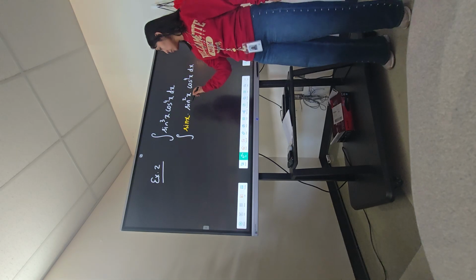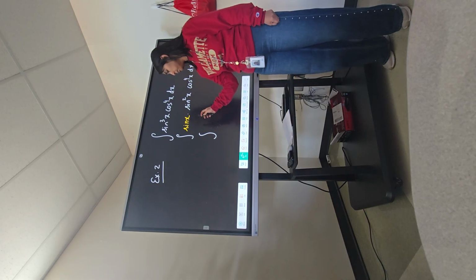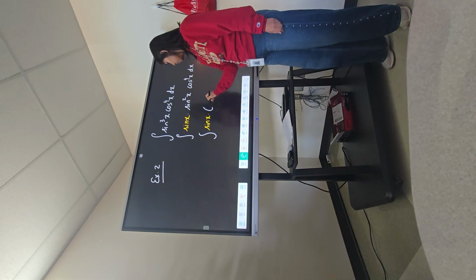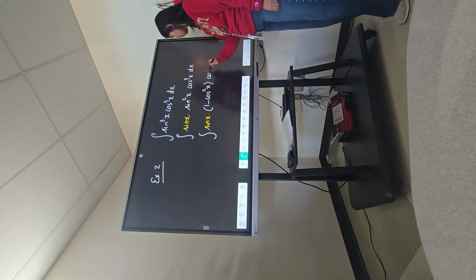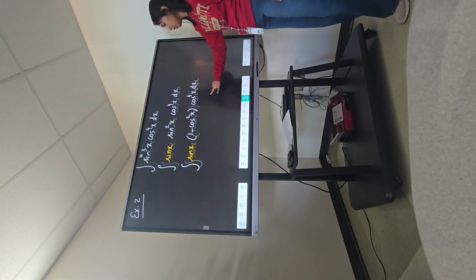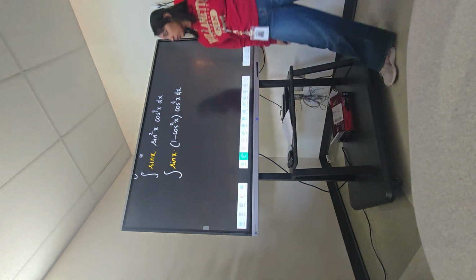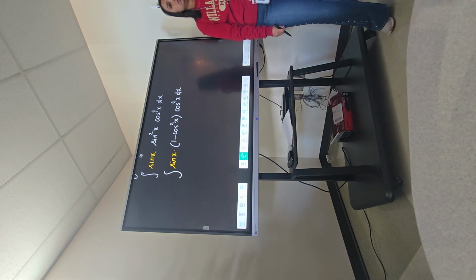Okay, now we're going to replace the sine squared with what? 1 minus cosine squared x. Then we're going to do the u sub for cosine.